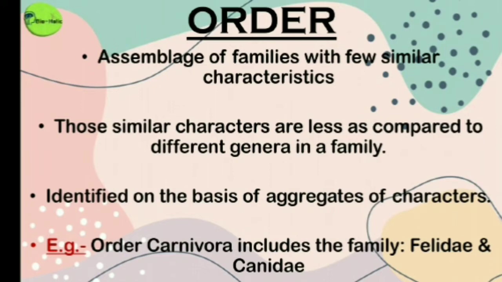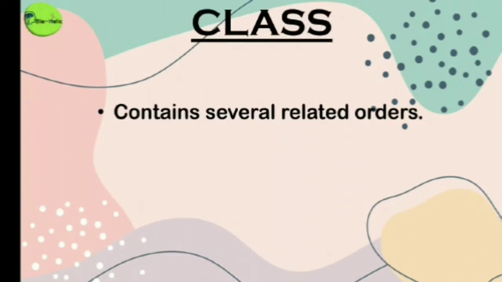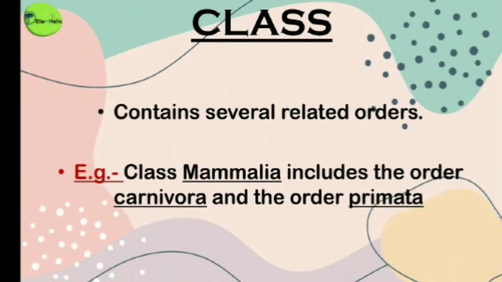Just for example, order Carnivora includes families like Felidae and Canidae. Okay? Moving on to the class. The class contains several related orders. For example, class Mammalia includes the order Carnivora and the order Primata. Okay?